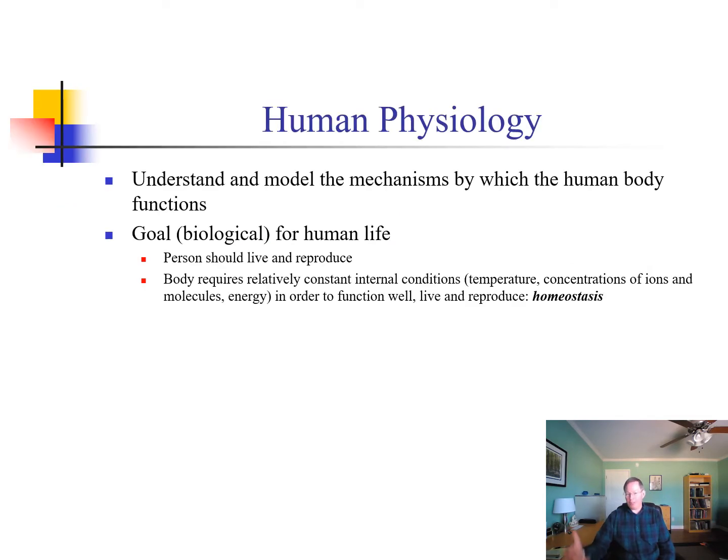So in human physiology, I'm trying to understand and model mechanisms by which the human body is working. My overall goal in any kind of human life is to live and reproduce. But in order to do this, I have to have relatively constant internal conditions. I have to control for temperature so that enzymatic reactions can occur at a certain rate. I have to have certain ions and energy.